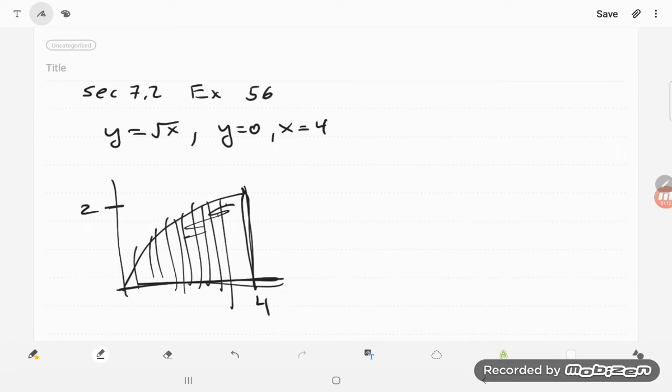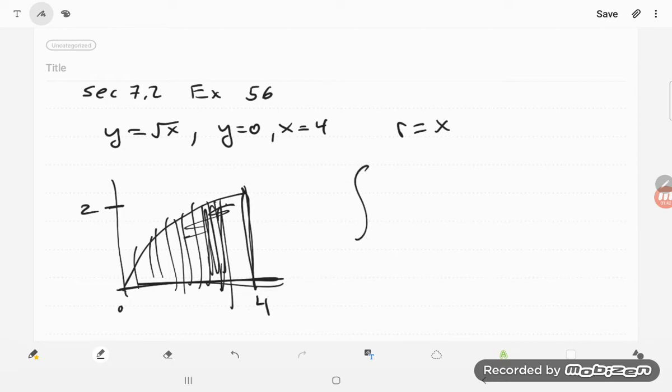Okay. Well, I don't know. I think probably the way I go about this is I'd just go ahead and find the answer first of that volume. So here our radius is just the y value squared, so our r is just x. That's nice. And we're going from 0 to 4.